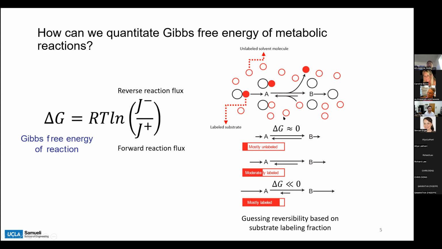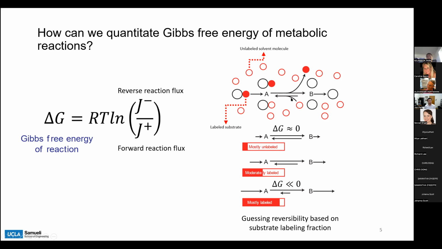Also, in an isotope tracing experiment, how can we tell the reaction's reversibility based on the substrate labeling pattern? I prepared a chemical reaction where the substrate is labeled as a red circle here, and then it detaches through this metabolic reaction.